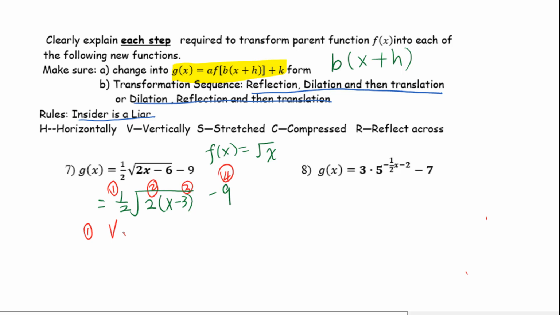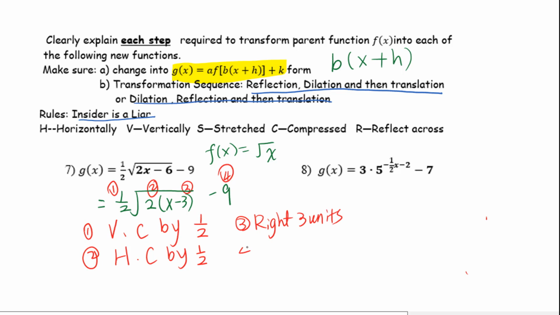First step, vertically compressed by a factor of 1/2. Second step, inside is a layer. Therefore, horizontally compressed by a factor of 1/2. Third step, translate right 3 units. And a fourth step, translate down 9 units.